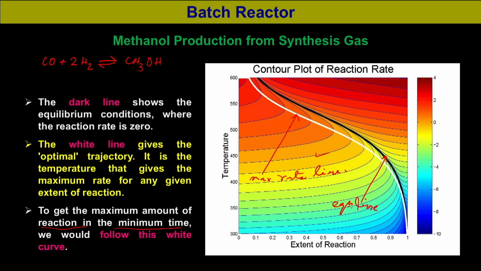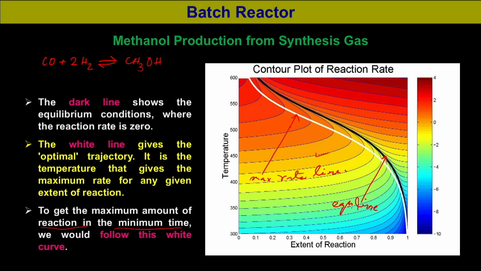So, at a particular extent of reactions over here, this gives the maximum rate at that temperature. To get the maximum amount of reaction in a minimum time, we would follow this white curve.